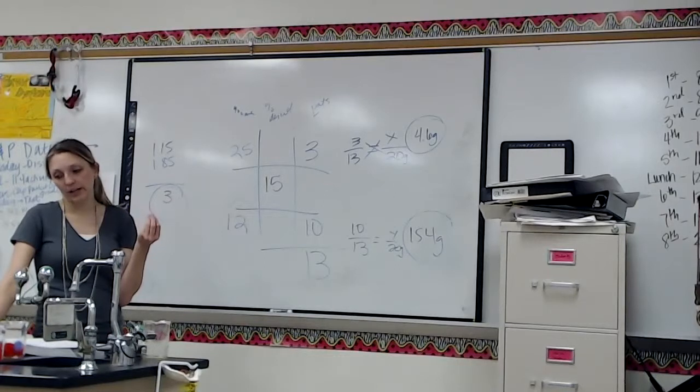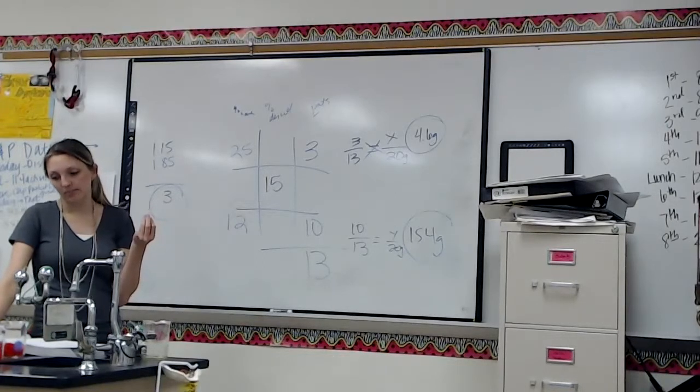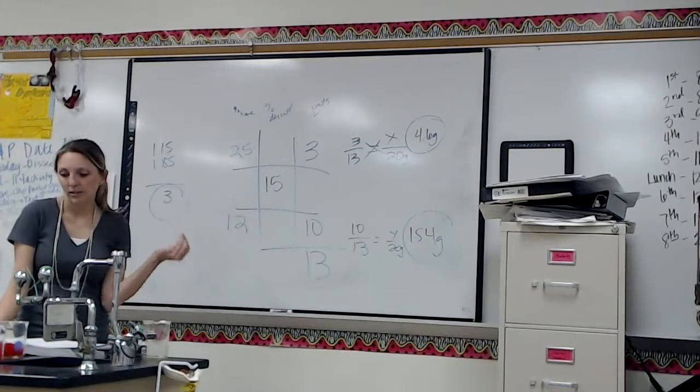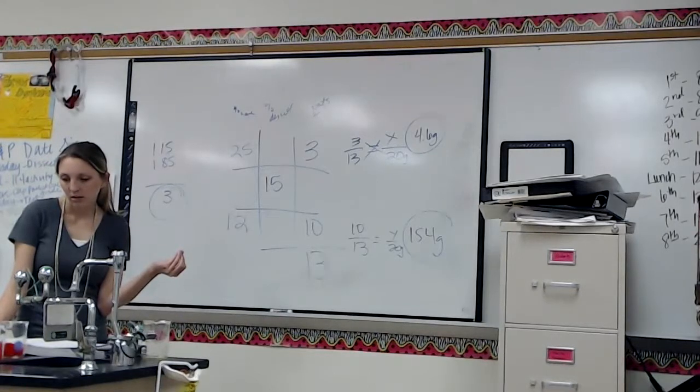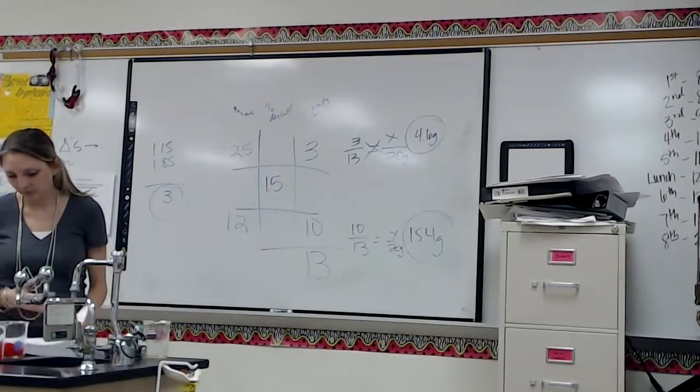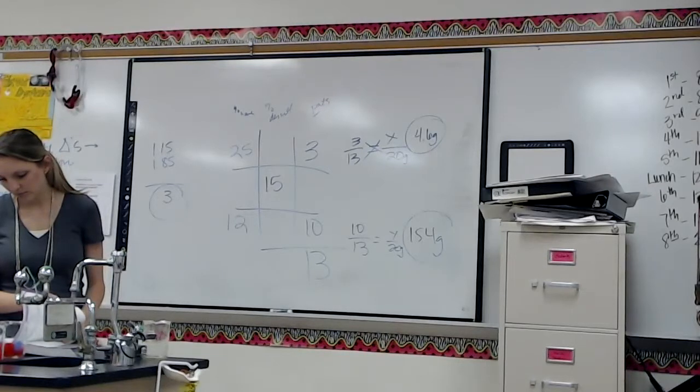So 1 to 10, the percentage there, of course, is going to be 10%. And then the 1 to 50, of course, is going to be 2%.